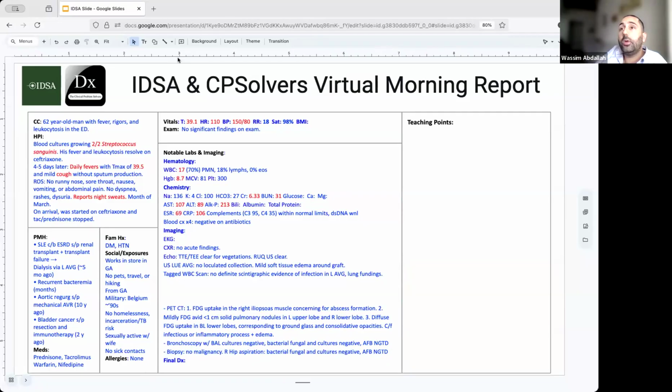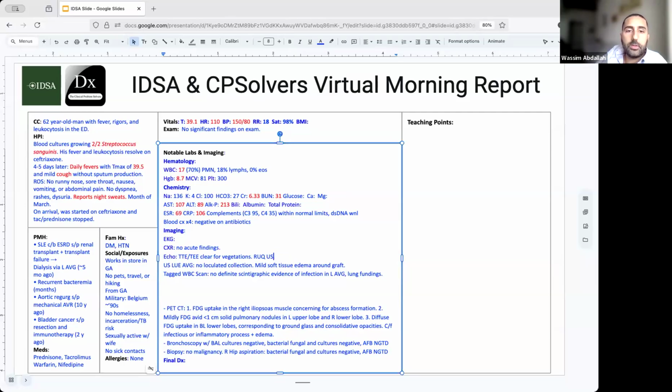What else? QFT was positive, with TB1 and TB2 antigens mildly positive, 0.6 and 0.8, with a good mitogen response. And then, as we talked about, the hemoglobin was going up and down, but the CMV PCR was undetected. EBV was 2,900. Adeno PCR negative, HIV antibody antigen negative.